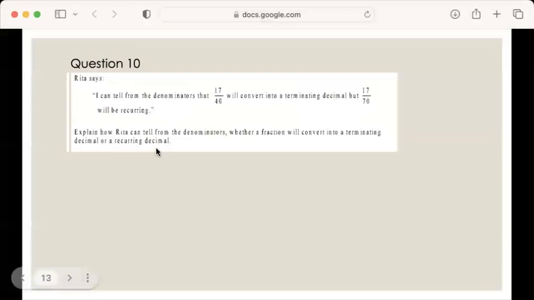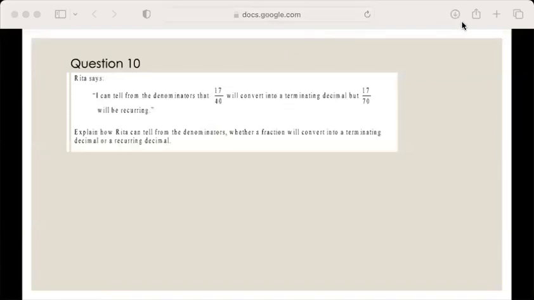Question number 10. Rita says, I can tell from the denominators that 17 over 40 will convert into a terminating decimal, but 17 over 70 will be a recurring decimal.